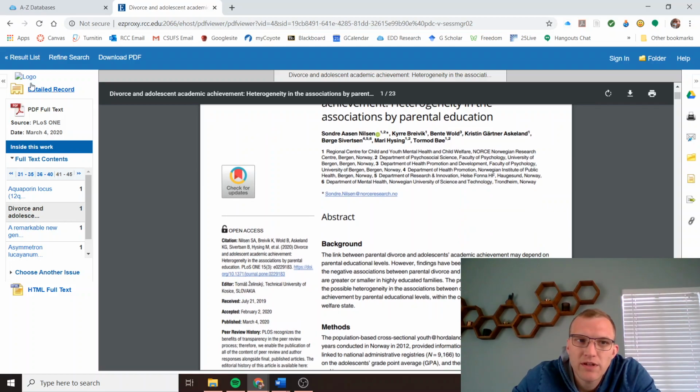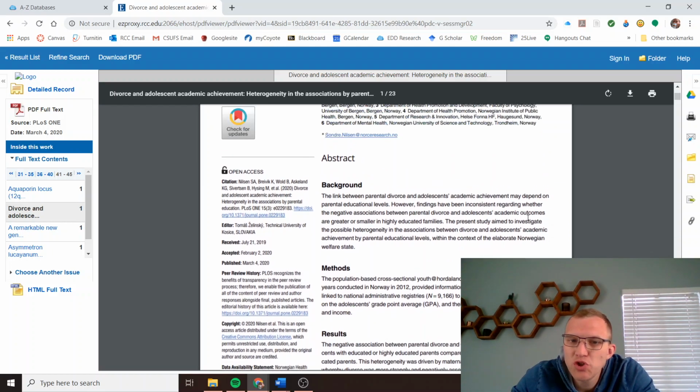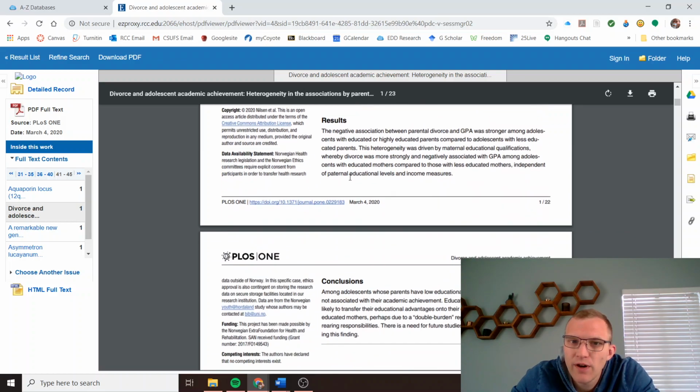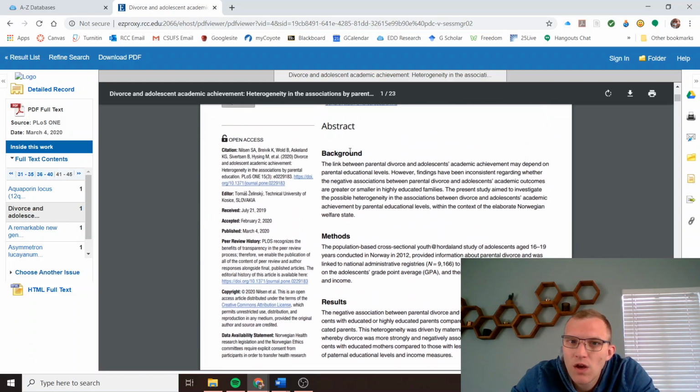All right, so what I'm going to do is I'm going to sort of read a little bit of the first page just to see if it's even on something that I'm remotely interested in. Aim to investigate the possible heterogeneity in the association between divorce and adolescence, academic achievement, background education.